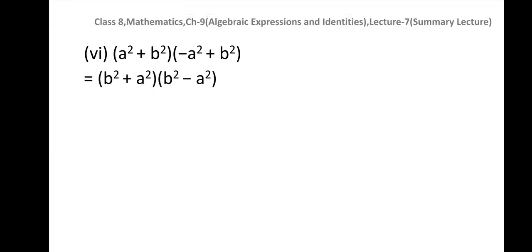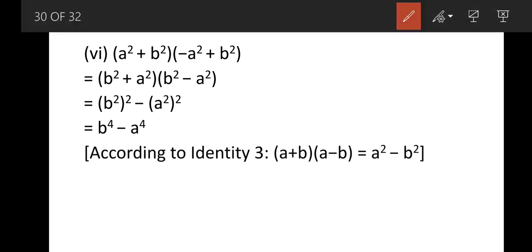Now coming to this sixth part, it is (a square + b square) and minus (a square + b square). Let us see the steps and then I will be explaining. What I have done, can I write this as b square minus a square? Yes, obviously there will be no change. I have just shifted the position of a square and b square so that I can apply the identity number 3.